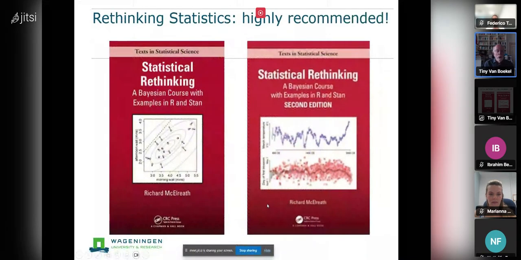So personally, I learned a lot from these books from a guy called Richard McElreath. He is an American, but he works in Germany. He's an anthropologist, and he has written two books basically with the same title, but one is the first version and the other one the second version, and they are both quite different.